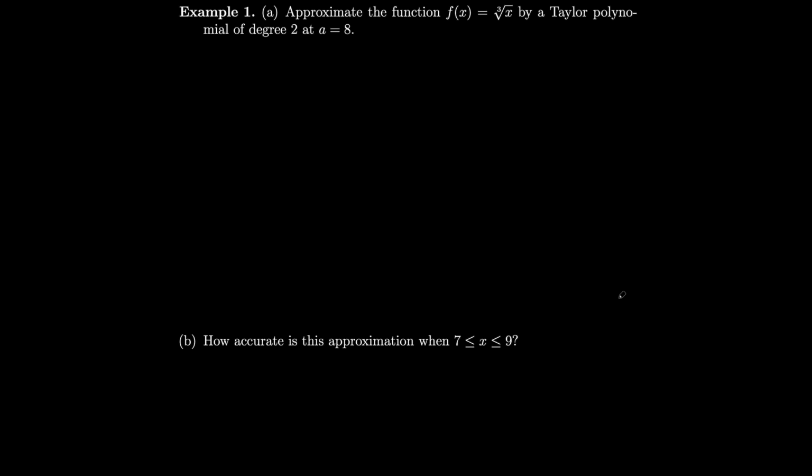So in order to do a degree 2 polynomial, we will need to find the second derivative, and the first. So we'll write f of x equals cube root of x. That's x to the 1/3, which will help us take the derivative. And we know that f of 8 is 2. So f prime of x, using x to the 1/3 and the power rule, is 1/3 times x to the minus 2/3.